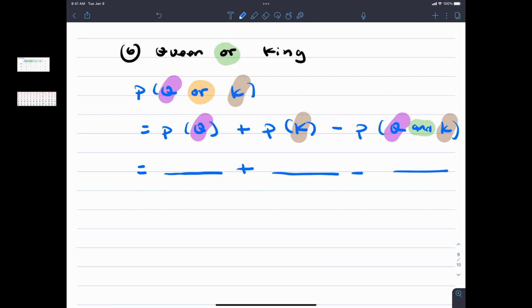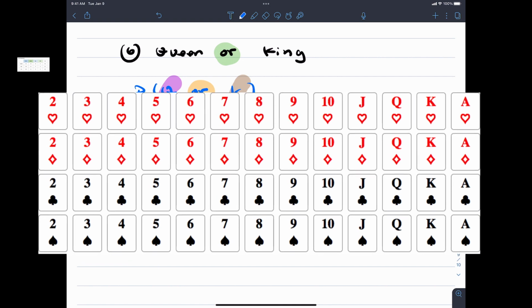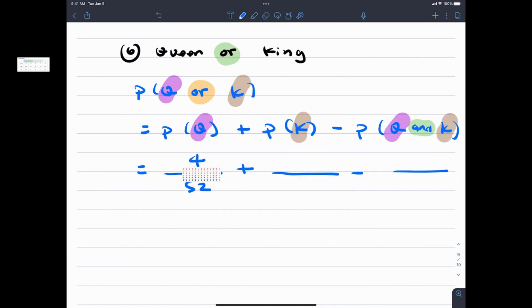So you already know some of these probabilities by now, right? The chance of a queen, 4 out of 52. The chance of a king, what's the chance you select a king? There's 4 kings out of what? 52 cards. So this is also 4 out of 52. Now, what do we know about the last probability?